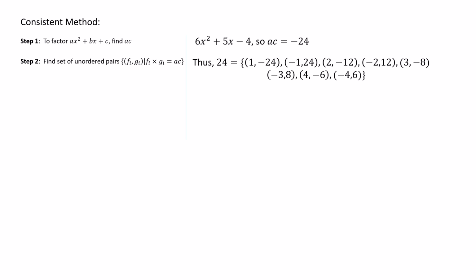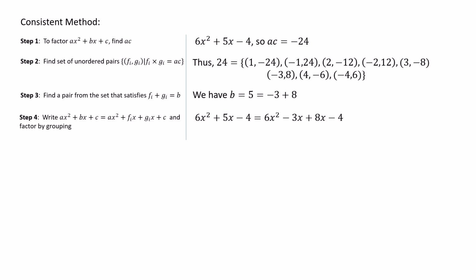Of these, which pair, when added up, you get the middle term 5? Negative 3 and 8. You agree? So we split that middle term 5x as negative 3x plus 8x in this case.